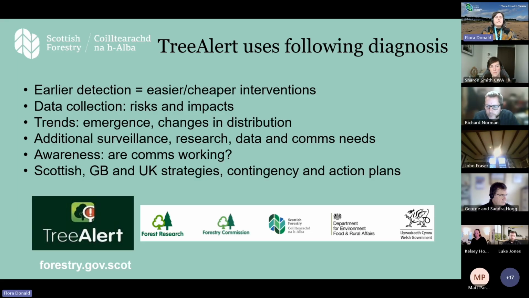We can also use Tree Alert to identify where we may need to spend additional surveillance resources. All of the information is of course helpful whenever we're commissioning research projects. And we're also starting to use it to understand if comms are working.